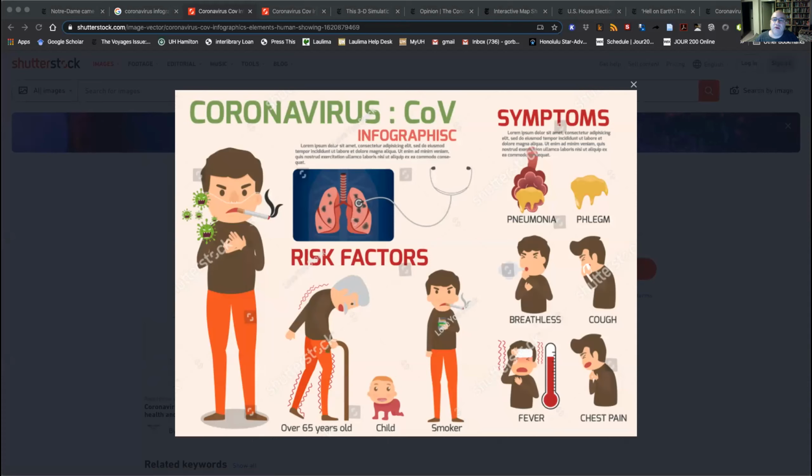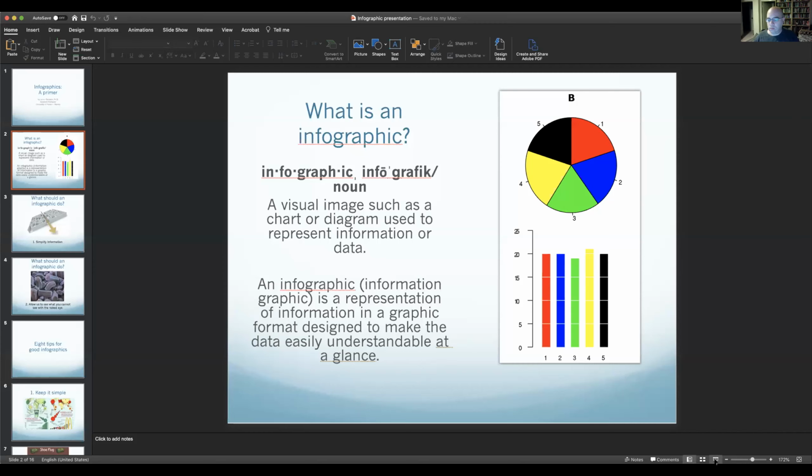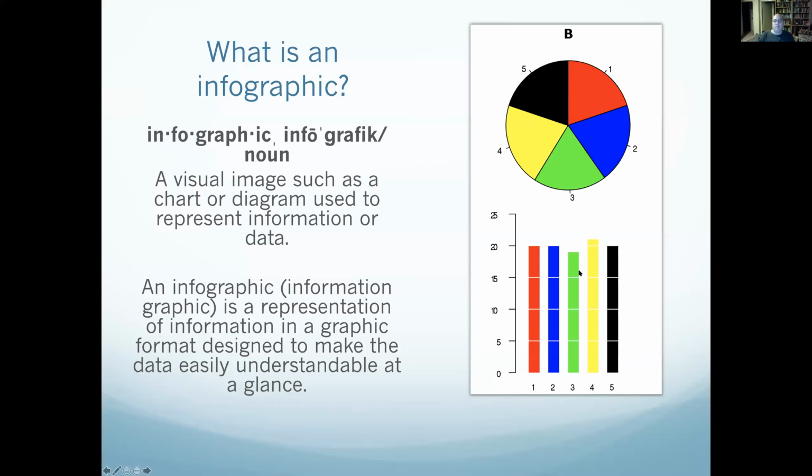At root, they're basically just a visual representation of information, and what they actually are can range from something as simple as a pie chart or a bar graph to anything like a map or a timeline or these sophisticated animations.